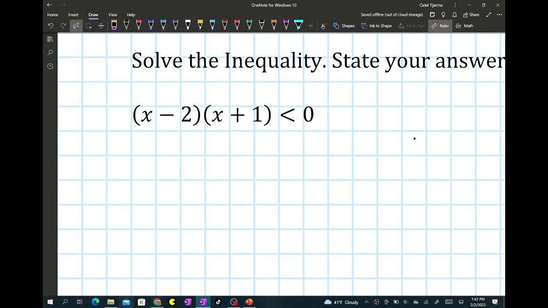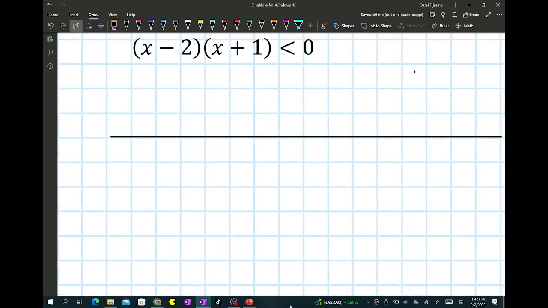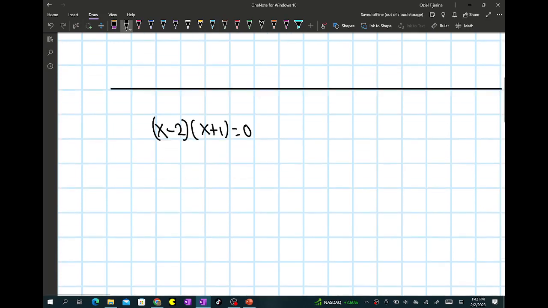Give me a second, guys. Obviously we're going to set each one equal to 0. So I'm going to solve this problem for x, and I'm going to find the x-intercepts. So x minus 2 equals 0, or x plus 1 equals 0.